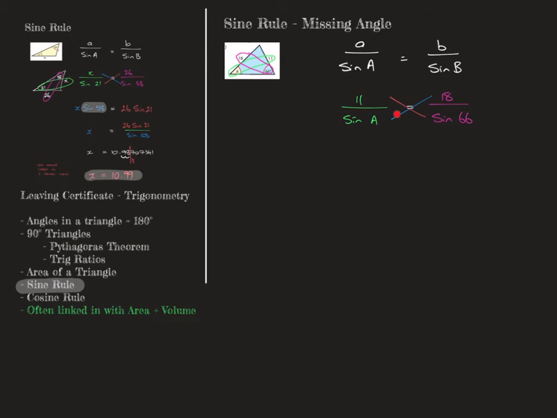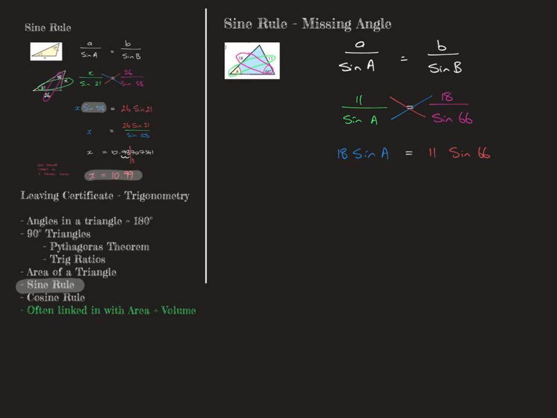So 18 multiplied by sine of A will be equal to the red ones, which is 11 sine of 66.